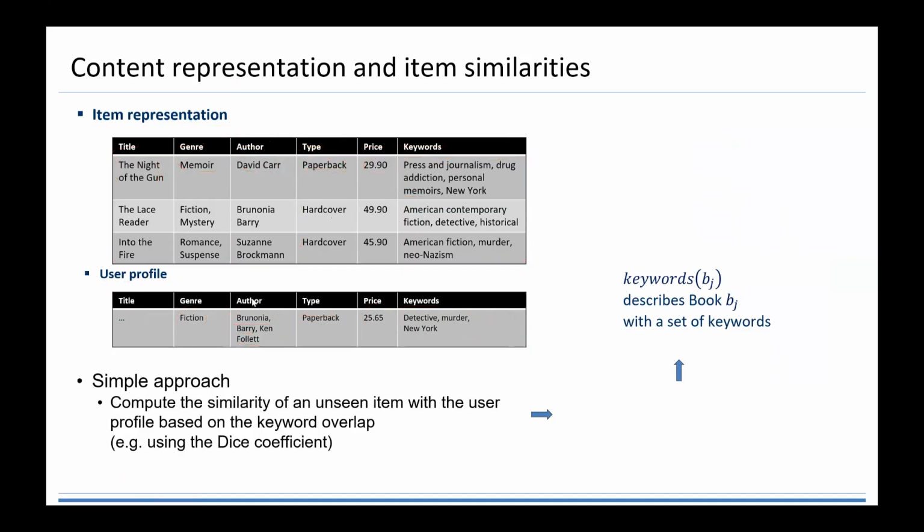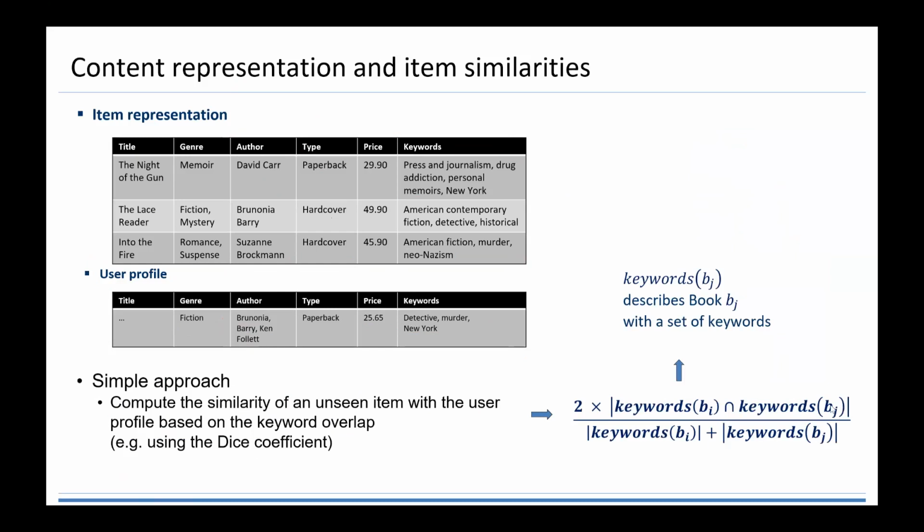The simple approach is we can compute the similarities of an unseen item with the user profile based on the keyword overlap. For example, we can use the cosine similarity, or we can use the Jaccard similarity. In this case, we can use the Dice coefficient.